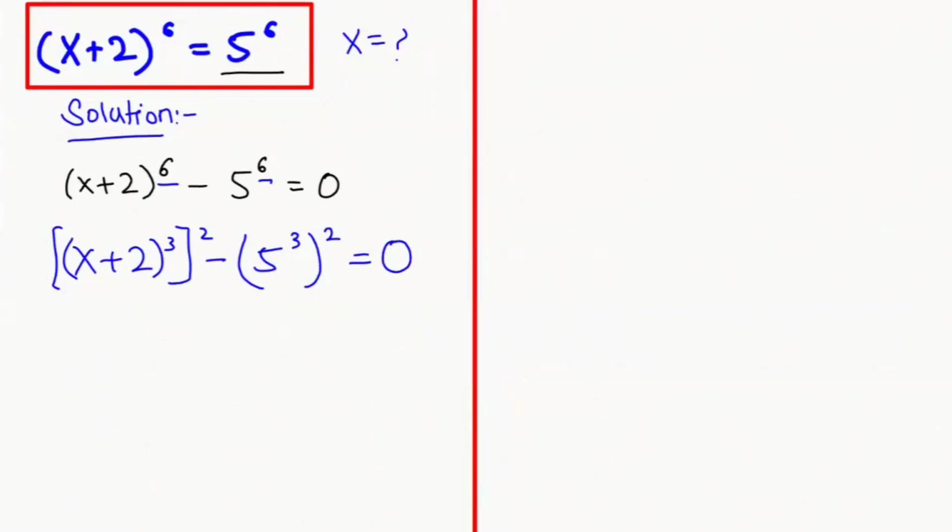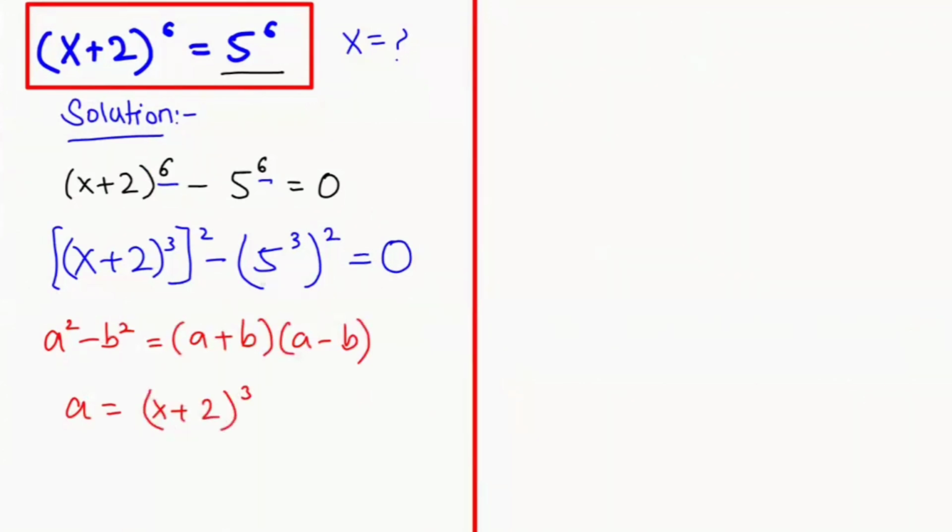Now here I'm going to apply the algebraic identity, that is a^2 - b^2 = (a + b)(a - b). So here the a value we have is (x+2)^3, and b we have is 5^3.